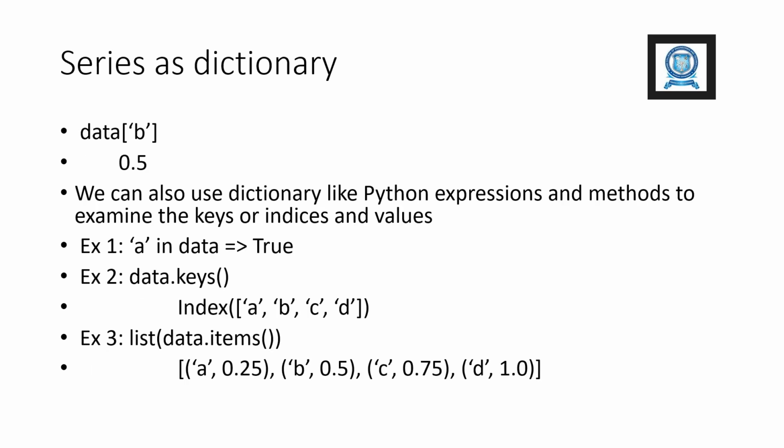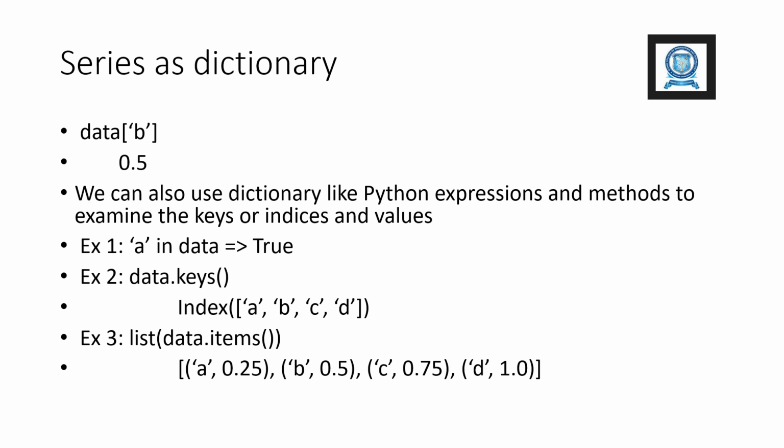Next, we can access using this index, that is data of 'b'. It produces the result at the b position as 0.5. We can also use dictionary-like Python expressions and methods to examine the keys or indices and values. Example 1: we can check whether 'a' is in the given data or not. We can write 'a' in single quotes in data. It evaluates to True. Second example, data.keys().